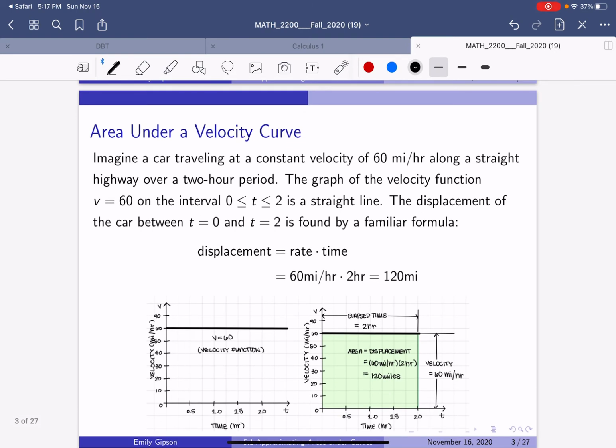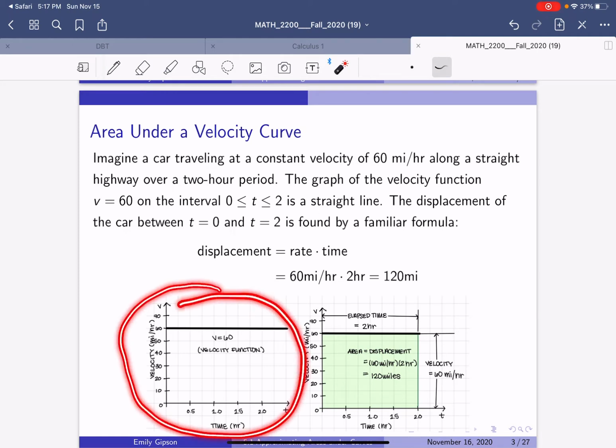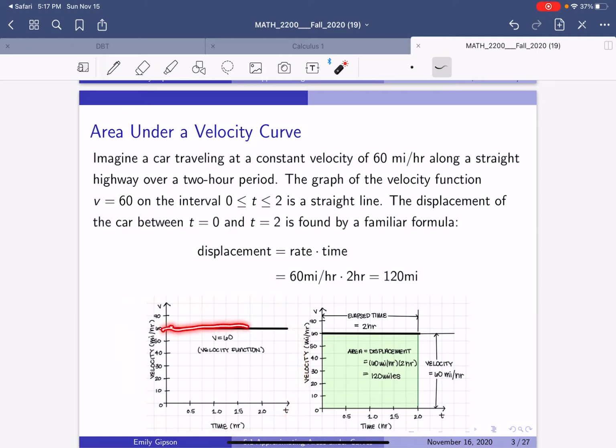So imagine you have a car that's traveling at a constant velocity of 60 miles an hour along a straight highway over a 2-hour period. The graph of the velocity function v equals 60 on the interval 0 to 2 is a straight line, and we have that right here. The displacement of the car between t equals 0 and t equals 2 is found by a familiar formula. Displacement equals the rate you traveled times the elapsed time. So we traveled at a rate of 60 miles an hour, and we were traveling for 2 hours.